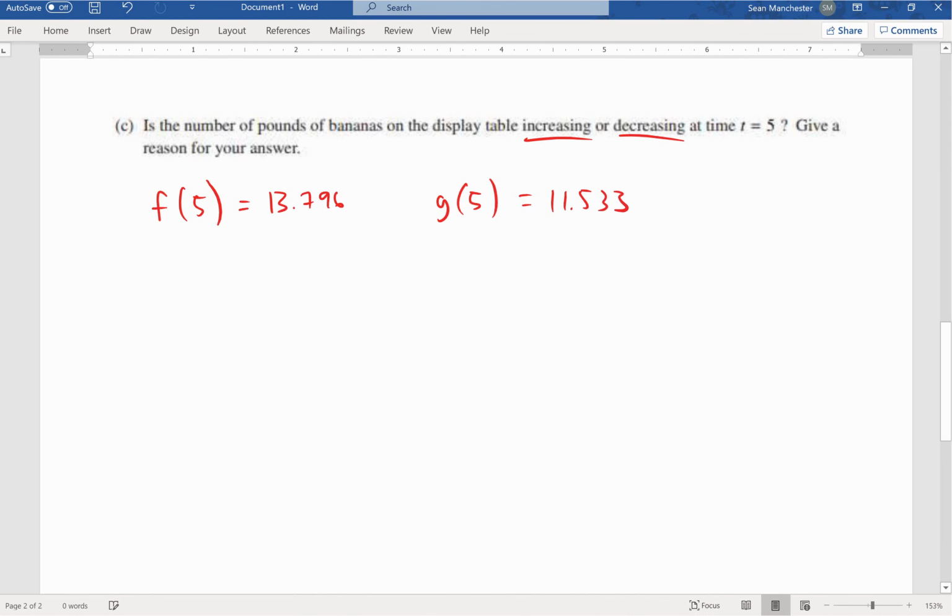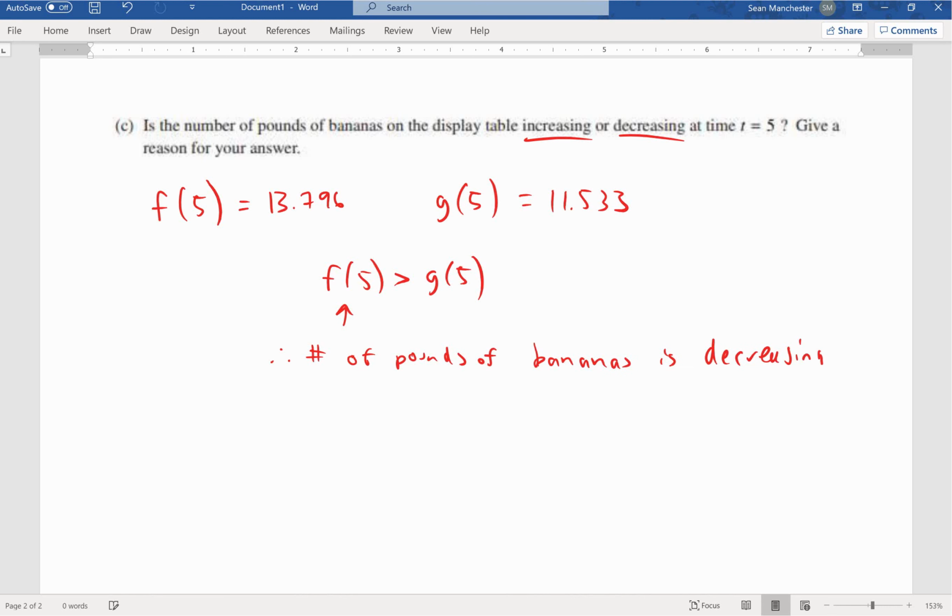And what matters here is f of 5 is greater than g of 5, which means we're taking bananas off faster than we're putting them on. Therefore, the number of pounds of bananas is decreasing at 5 hours after the store opens.